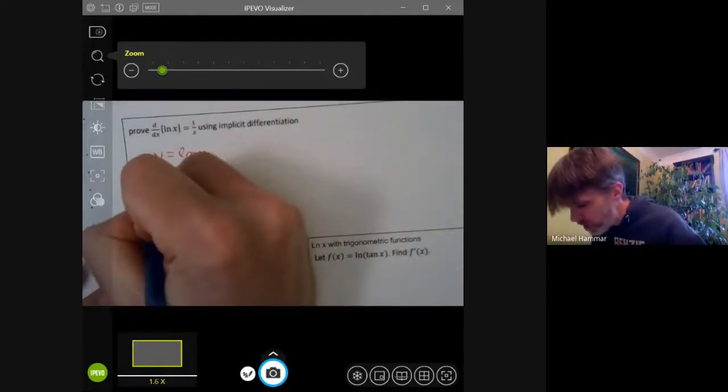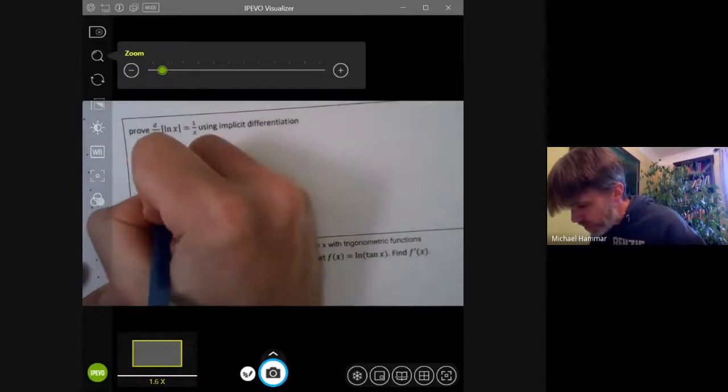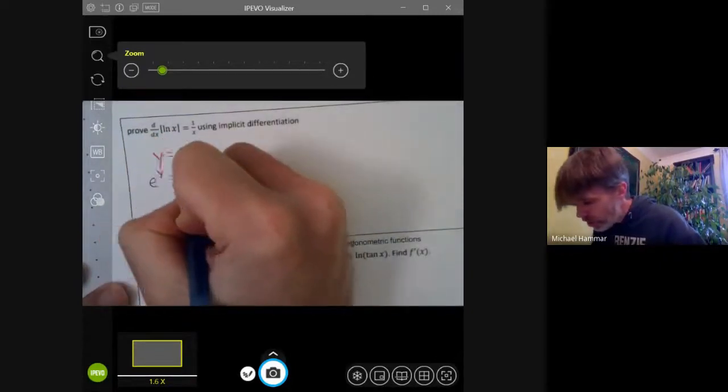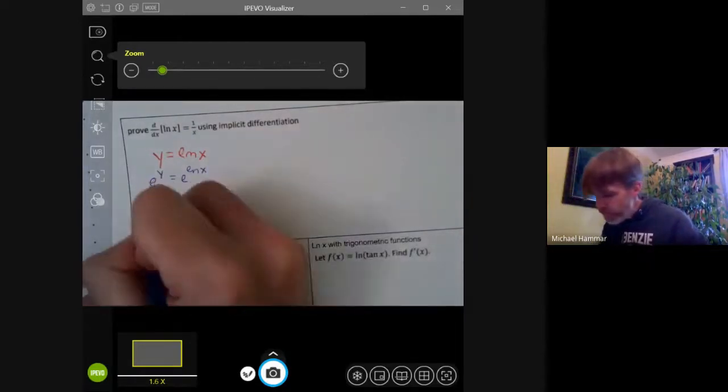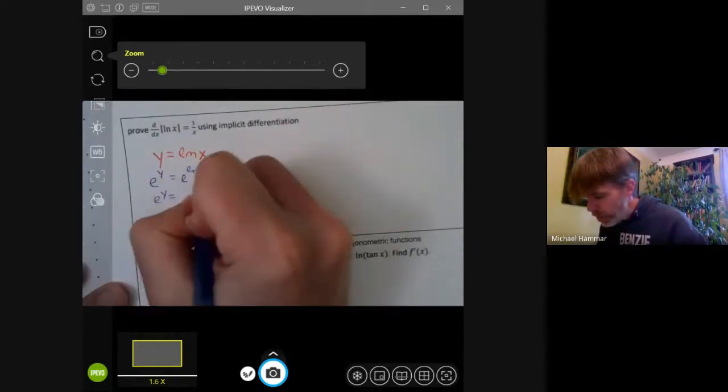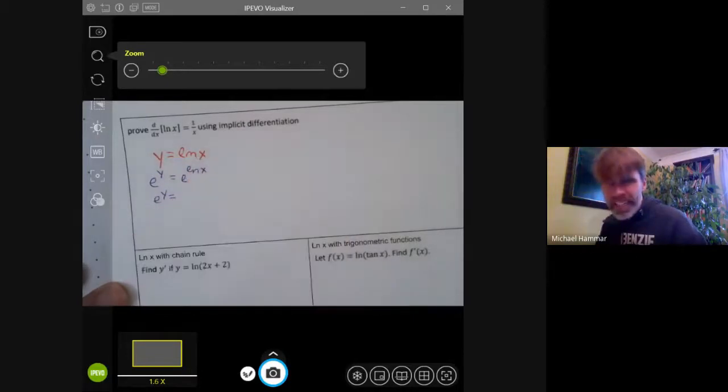So if we take e to the y equals e to the natural log of x, what ends up happening is that these two cancel each other out, and it's just equal to x.